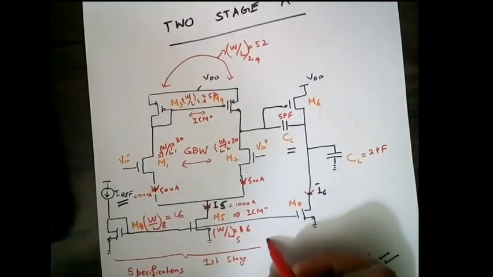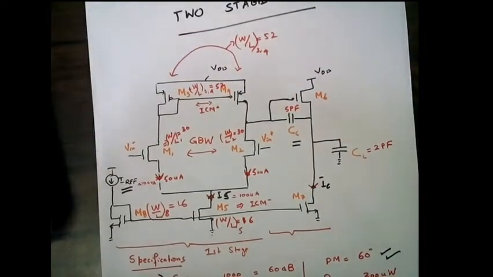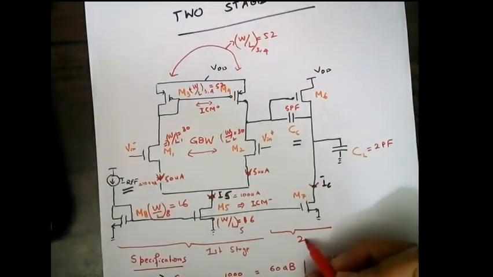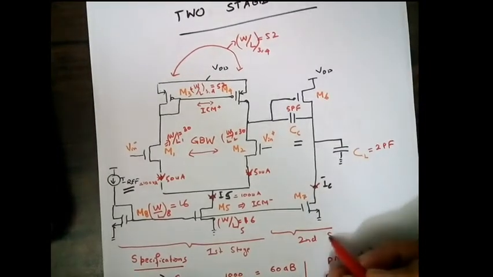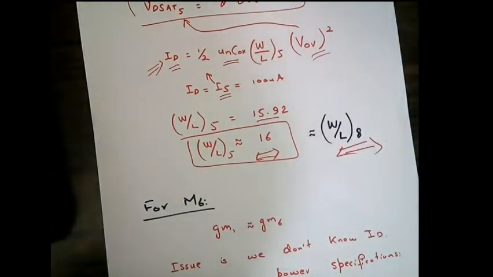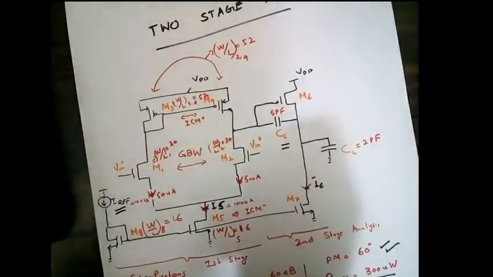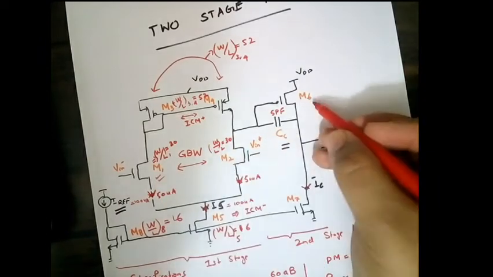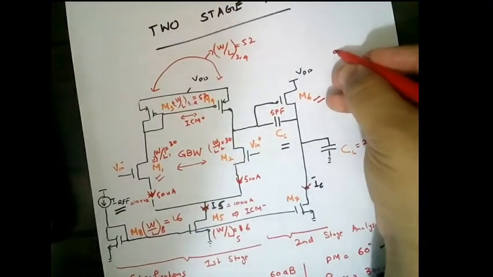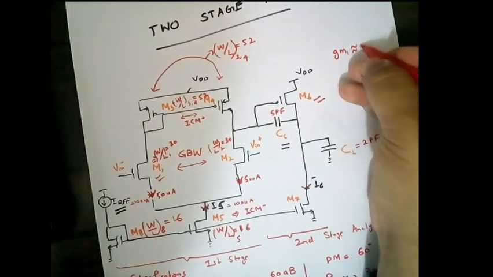Now we need to do the second stage. The second stage is relatively going to be easy. Why? Let's see. For the second stage, we did one assumption at the start, that GM1, this is M1, and GM6 are almost equal.